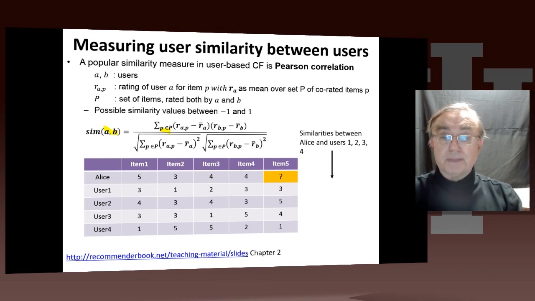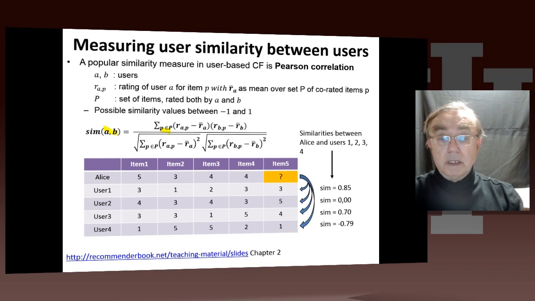So when you do that, you will find that user 1 is pretty similar to Alice, 0.85. User 2 is not very similar, 0. User 3 is pretty similar to Alice, and user 4 is sort of the opposite of Alice, totally different personality.